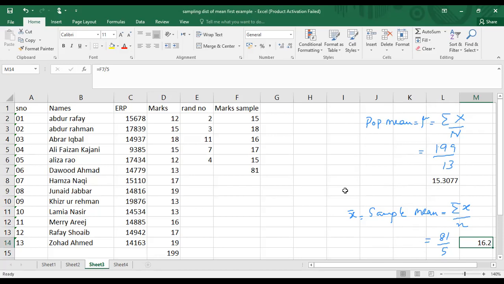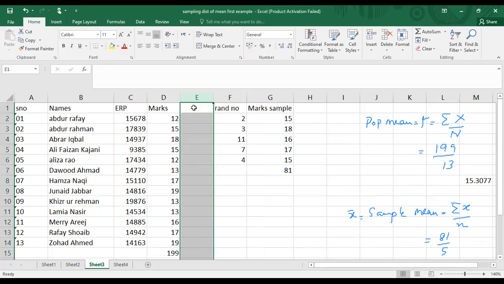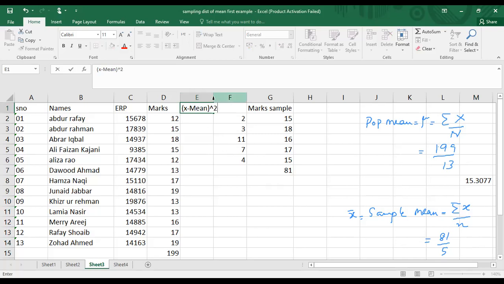Now, in the next step, we have to calculate the sample variance and the population variance. For the variance, I have to make one more column here, and that column is (X minus mean) whole square.